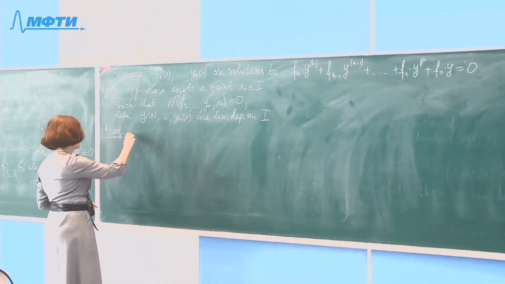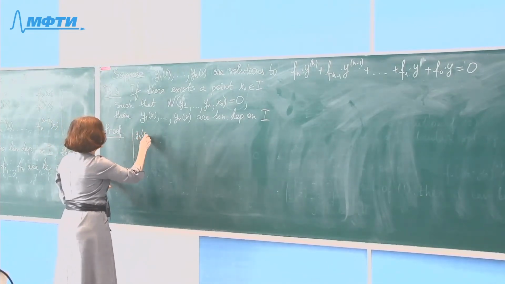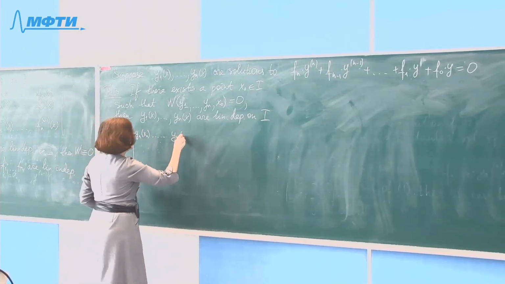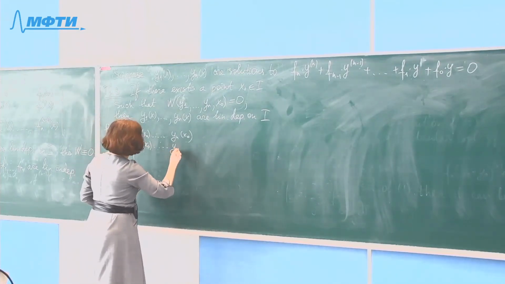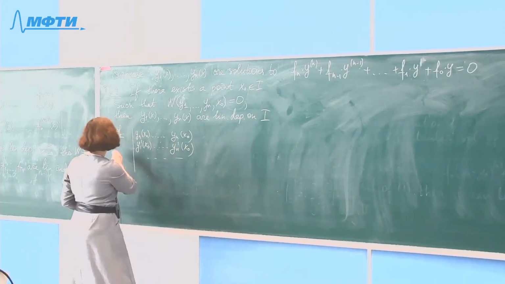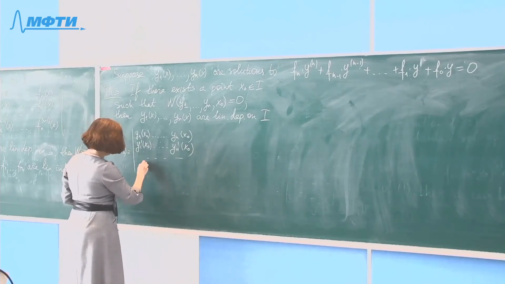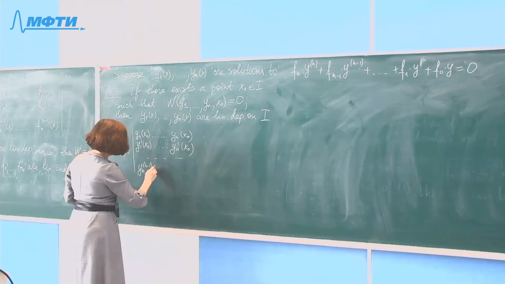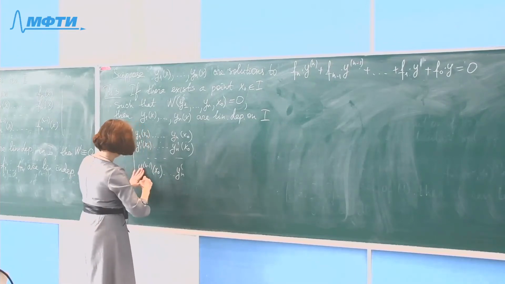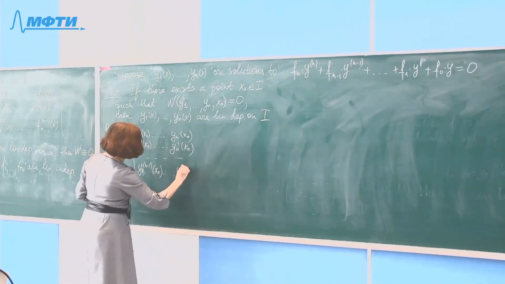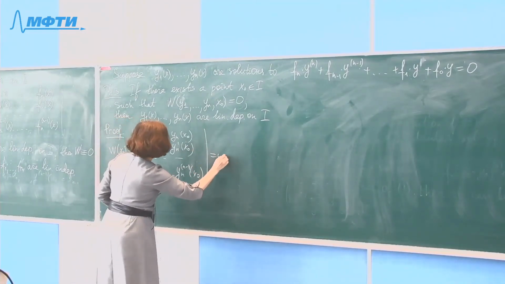So let's consider the Wronskian and substitute the point: y1 of x0, yn of x0, y1 prime of x0, yn prime of x0, up to the derivative of order n minus 1 of x0, is equal to 0.